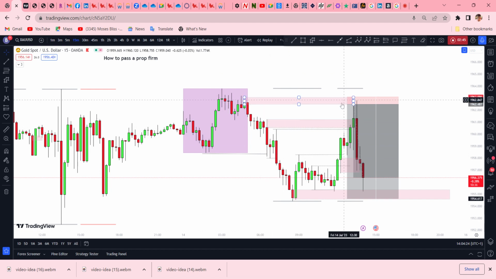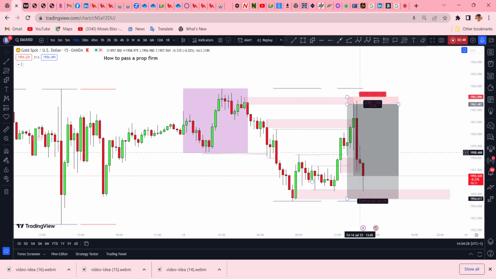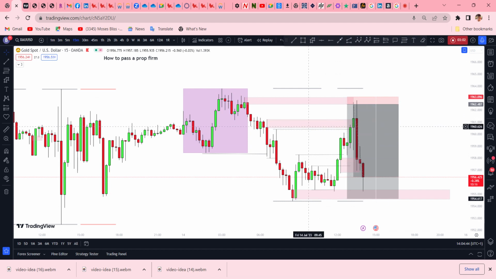I marked this out, and also marked this out. So now the market already broke structure, came back and mitigated. Probably I was not able to be in this market, and then remember I said I risk 1% for every trade. Market came here, I risked about 1%, and the market took me out.